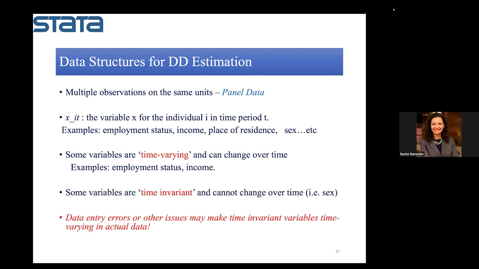Sex, for instance, is not supposed to vary over time. If you find that it changed over time, this means that it's an error. However, for variables such as age, if you find that it does not change over time, here also it is an error, because we are supposed to grow with time.